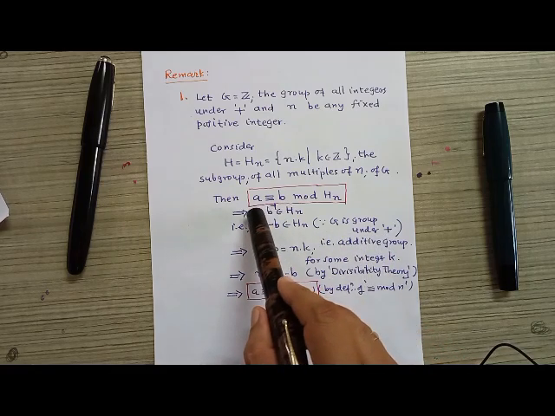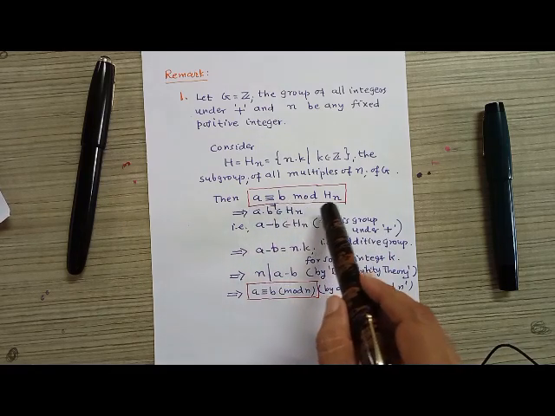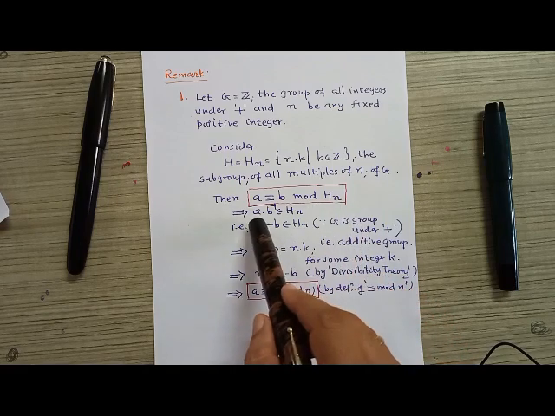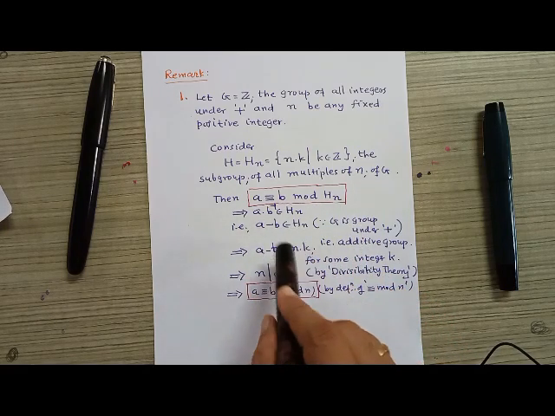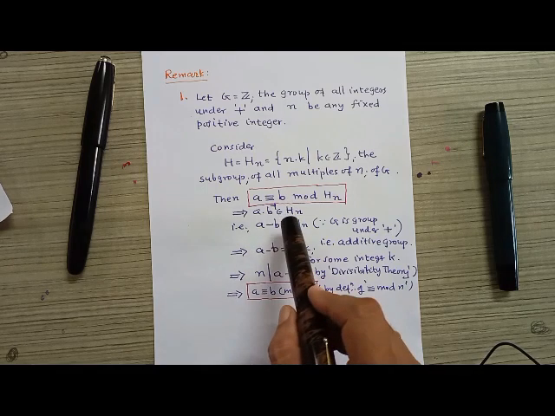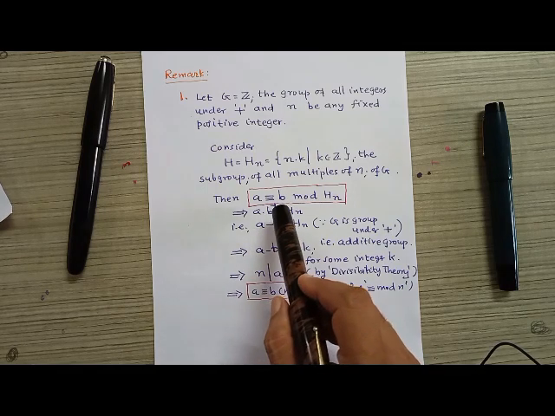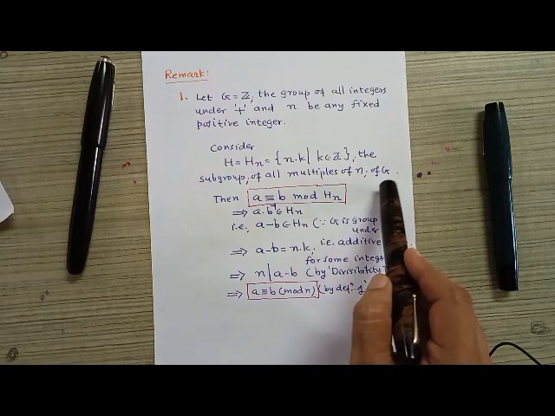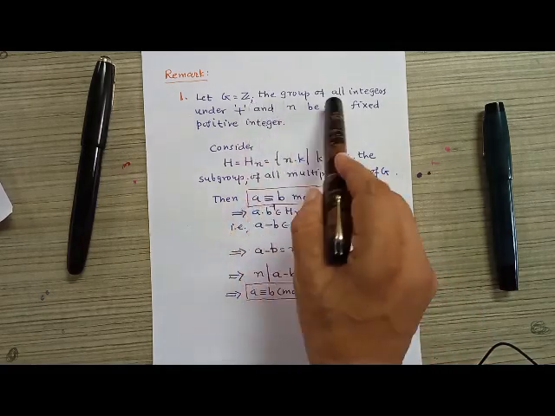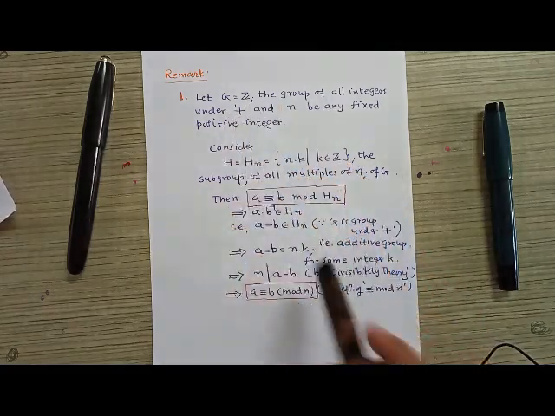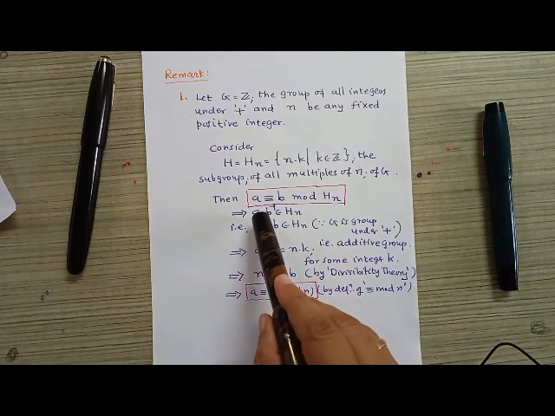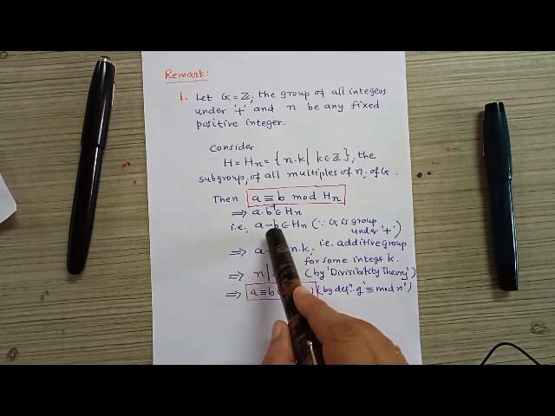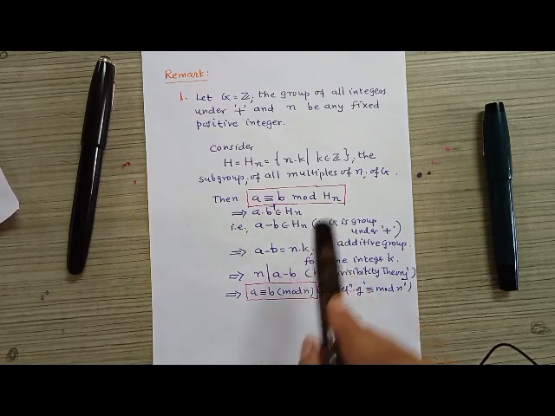Then A is congruent to B modulo Hn implies A B inverse belongs to Hn. Here B inverse is the inverse of B in group G, but G is the additive group, so B inverse will be minus B, which implies A minus B belongs to Hn.